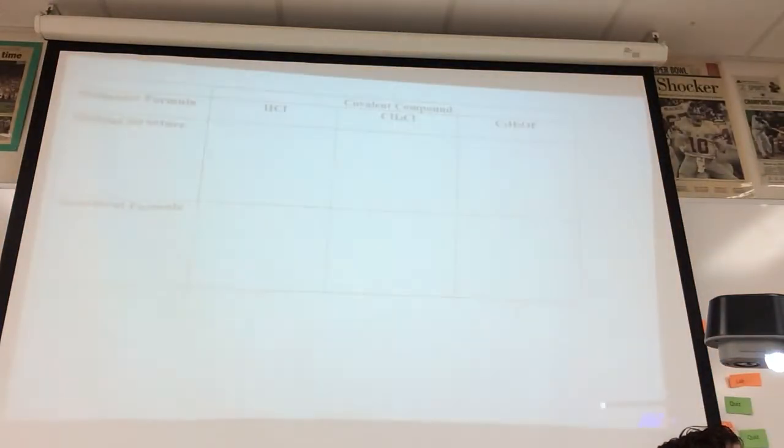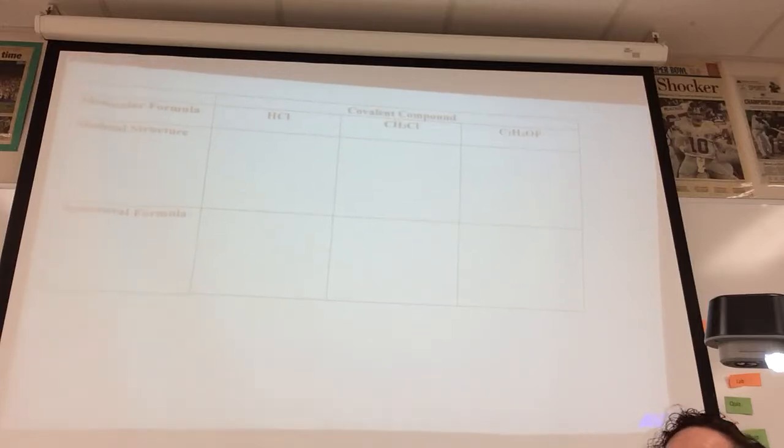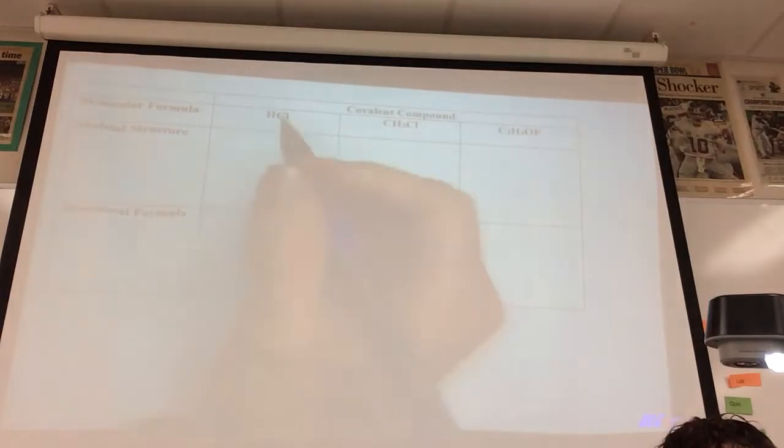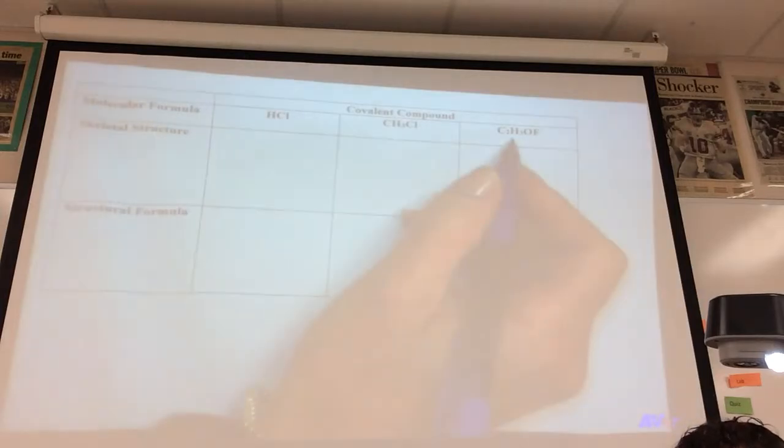The first one is molecular formula. The molecular formula is the chemical formula for a covalent compound. It's going to tell you how many atoms make up the compound and how many of each you truly have in the compound. So in the three examples shown on the board, what you're seeing here are three different molecular formulas.